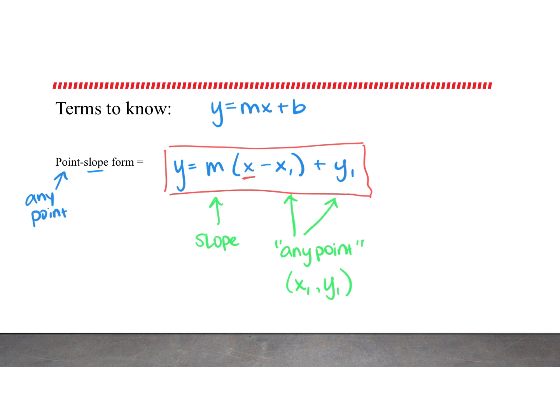And then this x and this y do not go anywhere. They do not get substituted out. So those are just part of your equation, just like here with our y and our x when we're in slope-intercept form. And the nice thing is with this one, once you plug in any point and your slope, this one then will simplify into this format for you.